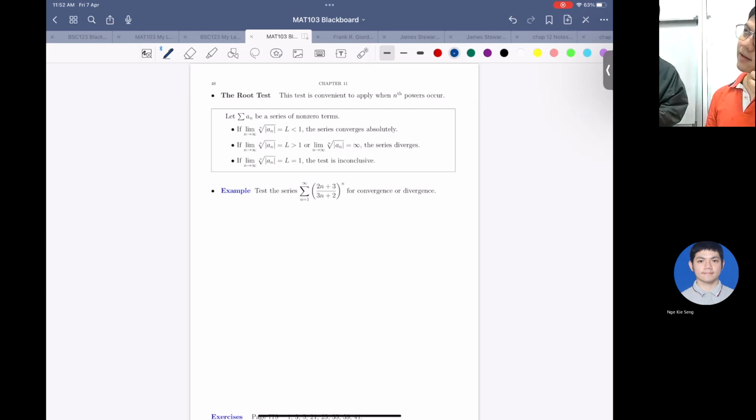Positive is negative. So we should choose another example, another rule. Another rule?